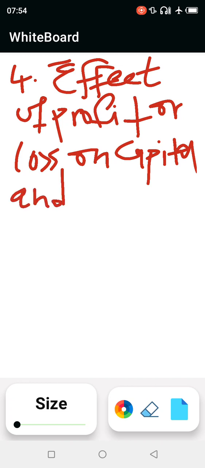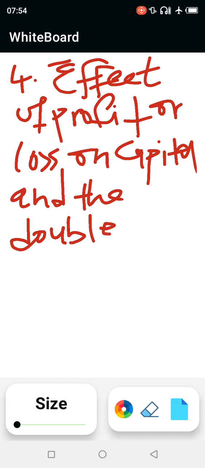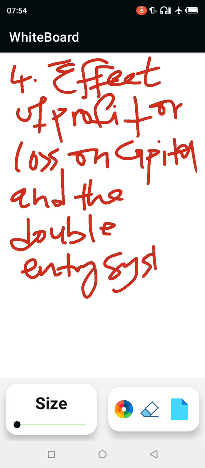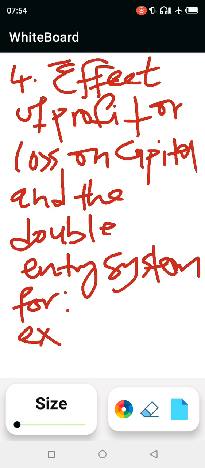and also the double entry system for expenses as well as revenues.